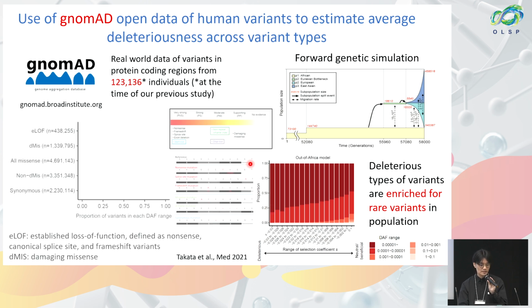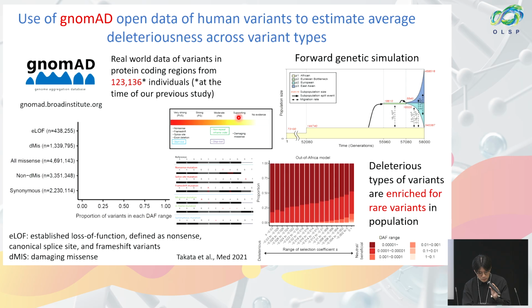And when we checked the proportions of these very rare variants in established loss of function variants, defined as nonsense, canonical splice site, and frame shift variants, and damaging missense variants, moderate and supporting in the ACMG guideline, and all missense, non-damaging missense, and synonymous mutations not changing amino acids.